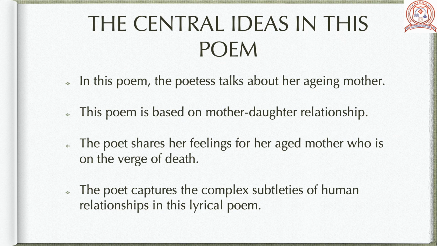She is advancing towards her death with the passage of time. The poet captures the complex subtleties of human relationships in this lyrical poem. So, how that makes the poet feel, we are going to look into her feelings through this poem.